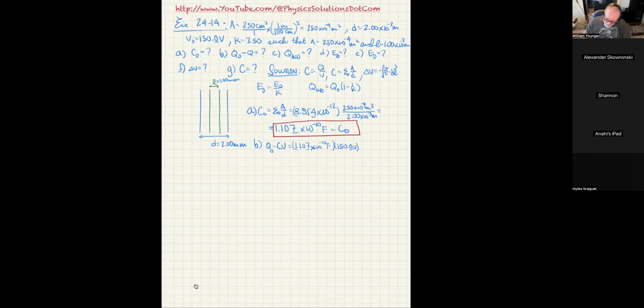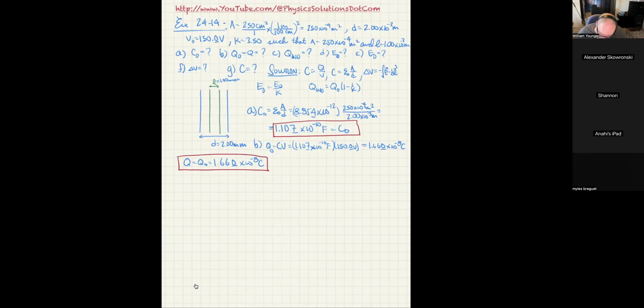Since the farad is a coulomb per volt, when we multiply it by a volt, we get a coulomb. So times 150 gives me 1.660 times 10 to the negative 8 coulombs. So Q equals Q0 is equal to 1.660 times 10 to the negative 8 coulombs. I'll box that off as well.